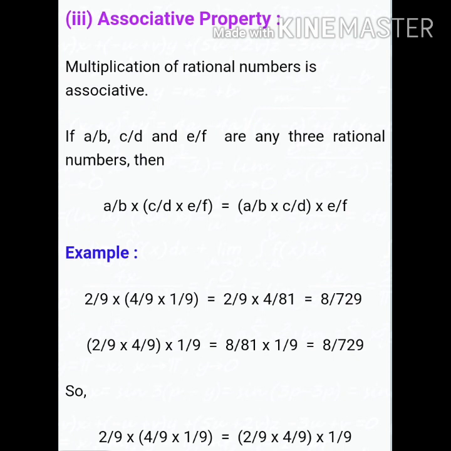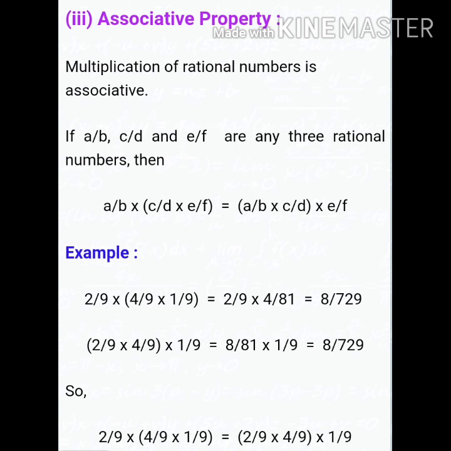Three values are given: 2 over 9, 4 over 9 and 1 over 9. First of all, we will solve those values which are in brackets, that are 4 over 9 multiplied by 1 over 9. The answer will be 4 over 81. After that, we will solve the rest of the values, which are 2 over 9 multiplied by 4 over 81. The answer will be 8 over 729.